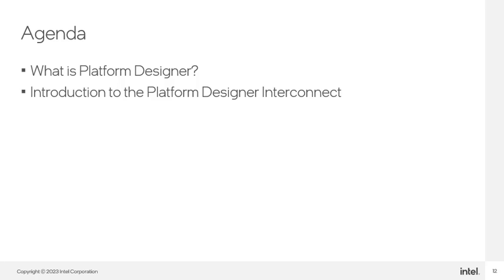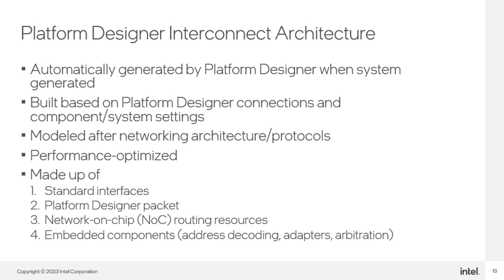Now that you understand a bit about what Platform Designer is and what it can do, let's take a look at the interconnect generated by the tool and how it is built to support any type of system design. The Platform Designer interconnect is dynamically generated when the system is manually or automatically generated in the tool. It is based on the component parameter settings and component connections made in the Platform Designer user interface.